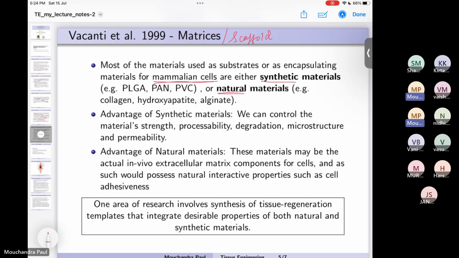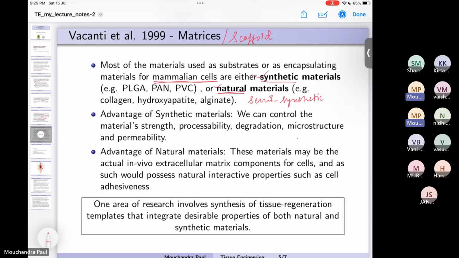Now in the area of material science, the engineers working in this domain have made materials that are called semi-synthetic, which combine the positive properties of both synthetic materials and natural materials.